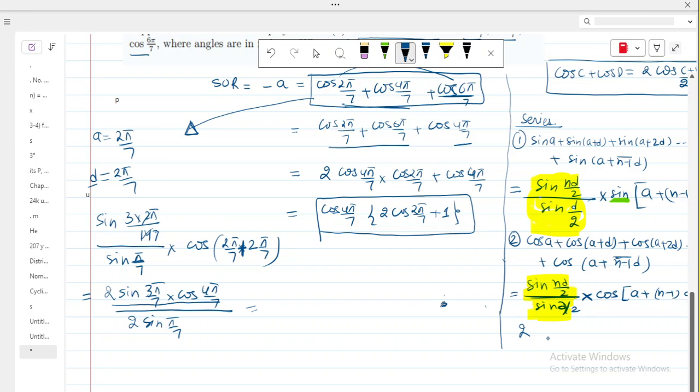You can solve it by taking common directly, or you can directly apply cos a cos b. You can multiply by 2. If you take common, you need to apply c plus d in both ways. And directly apply 2 cos a cos b. So 2 cos a cos b is what? Cos(a plus b) plus cos(a minus b).